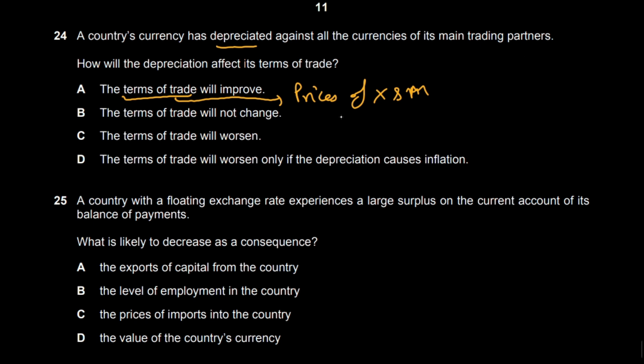In reality, I know lower prices are good, as they further promote demand and consumption. However, in the context of terms of trade, lower prices are bad, while higher prices for imports are also bad. Hence, it will not improve, it will worsen. So the answer is C.